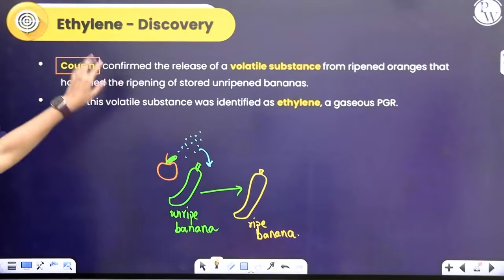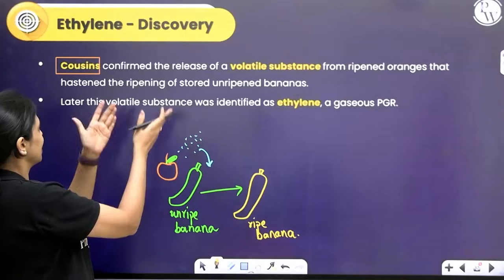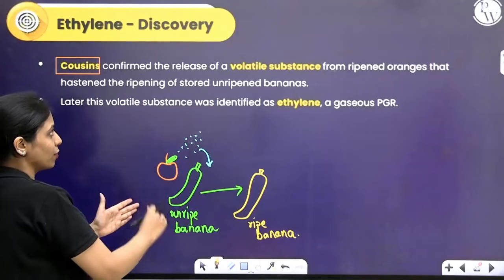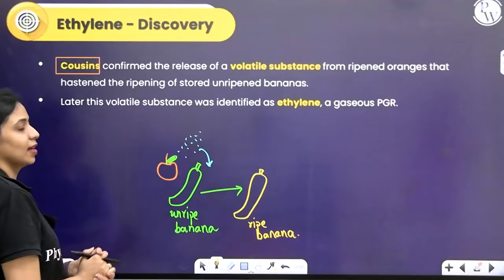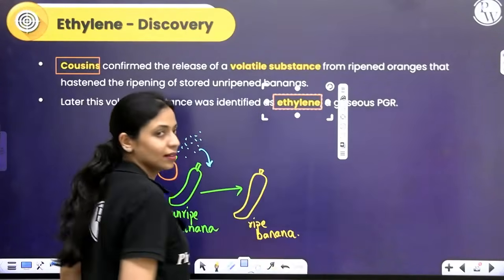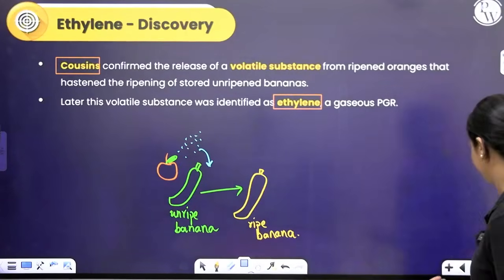He confirmed the release of this volatile substance from ripened oranges that could hasten the ripening of unripe bananas. Later they identified this as ethylene. This is the gaseous plant growth regulator.